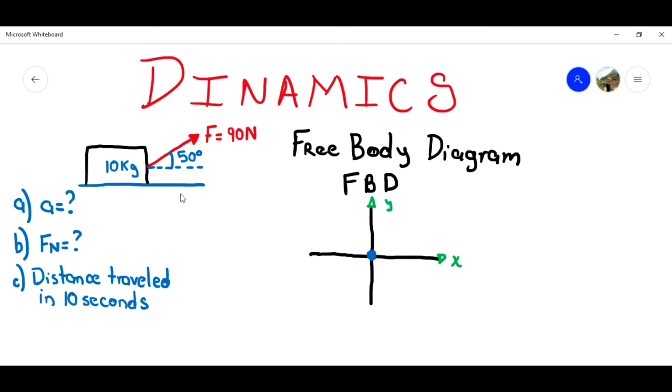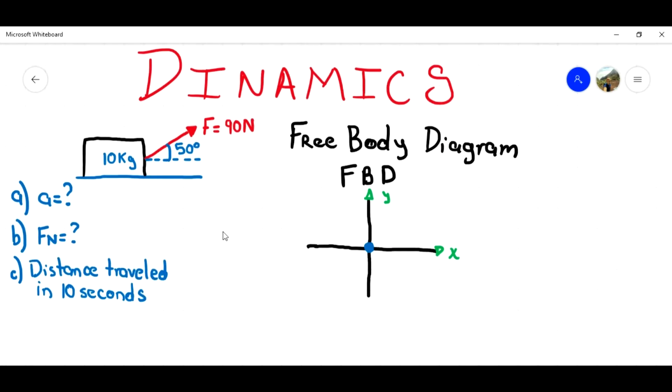It's like a particle, so I'm going to use just a particle to represent the block because I don't care about the dimensions of the block. I didn't tell you how many meters width or height, so it doesn't matter. I'm just going to represent that block with a single dot, and that will be my particle.